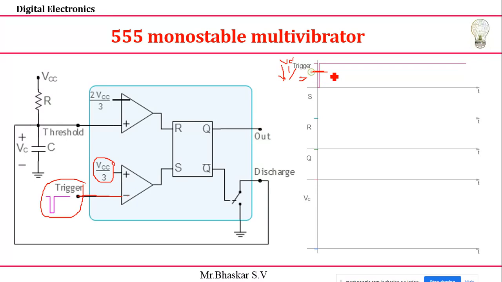If it goes less than 1/3 of VCC, then this negative value is less compared to the positive value. What is the output we are getting of this op amp? Yes, we are getting 1. 1 means the S value is 1. If S is equal to 1, what is the Q value? Yeah, it is set, and we are getting Q equal to 1. So Q equal to 1 means what is the Q bar value?